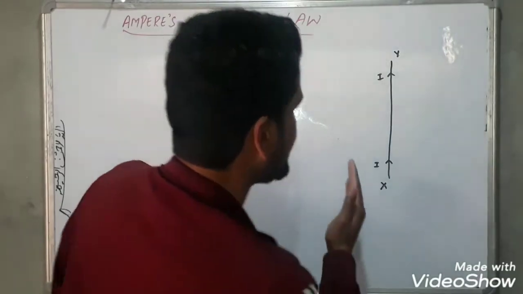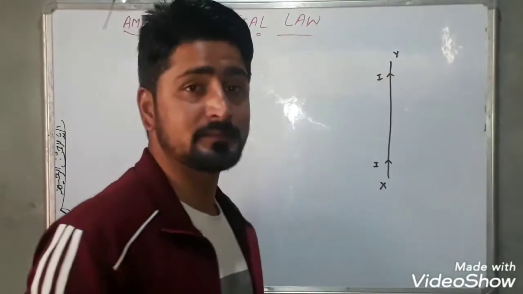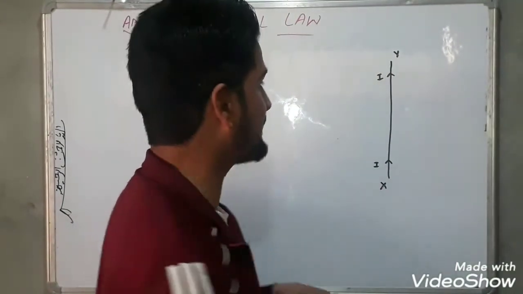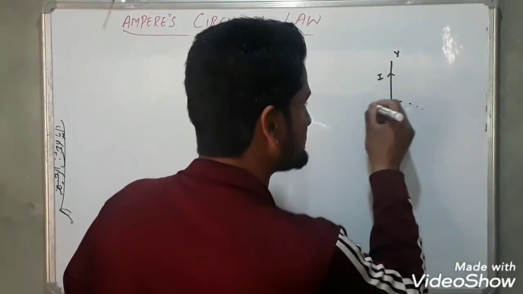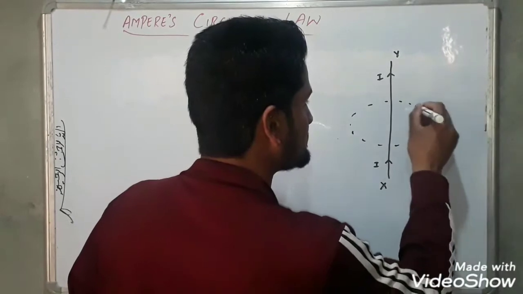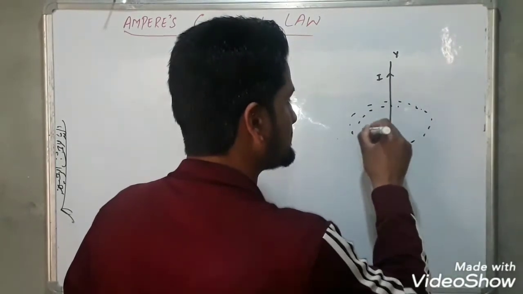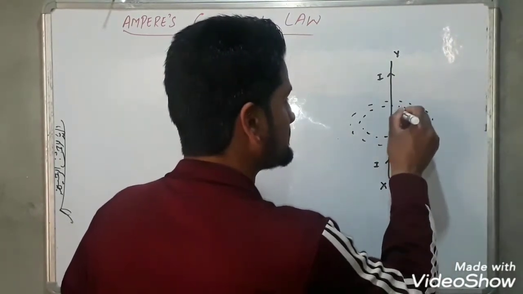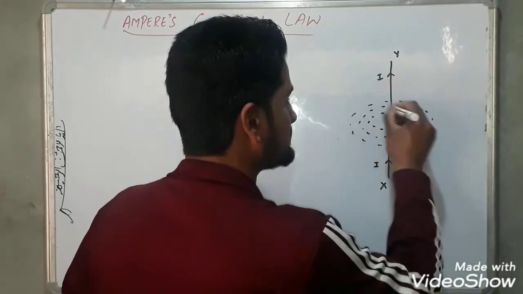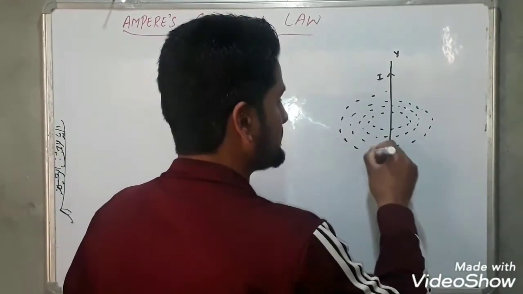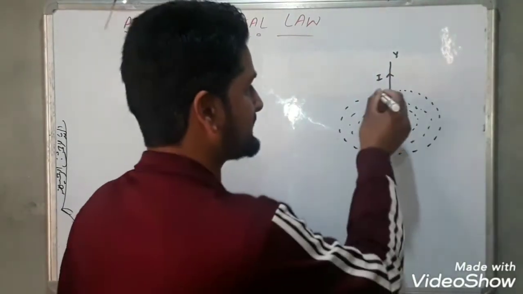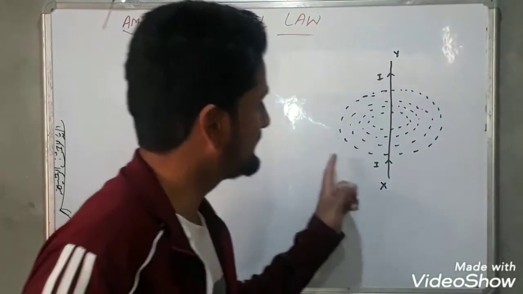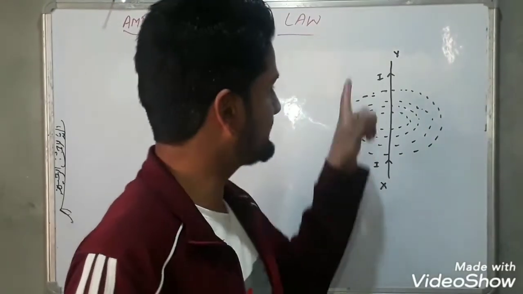Around a straight current carrying conductor, the magnetic field lines are always in terms of concentric circles, as shown here. So magnetic field lines around a straight current carrying conductor are always in terms of concentric rings, as shown in this figure.